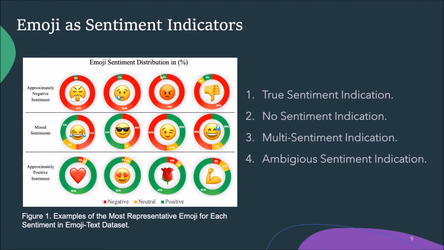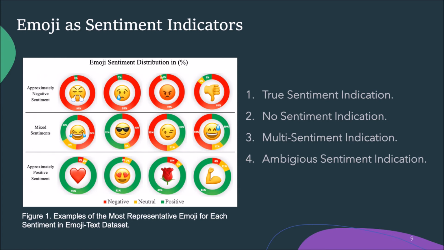Based on the aforementioned quantitative observation, we analyzed the emoji textual behavior as sentiment indicators and noticed the following significant 4 cases: true sentiment indication, no sentiment indication, multi-sentiment indication, and ambiguous sentiment indication.